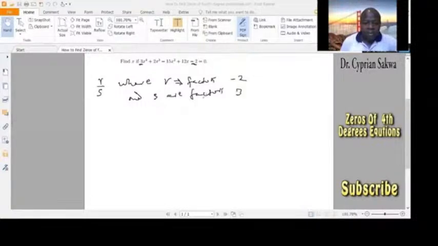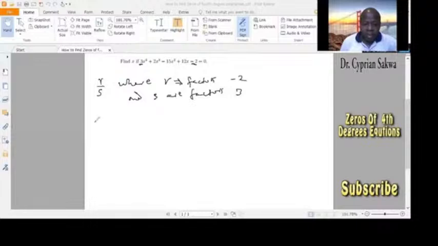So if this equation can be factorized, then one of its roots must be r over s, where r are the factors of the constant term and s are the factors of this leading term here.